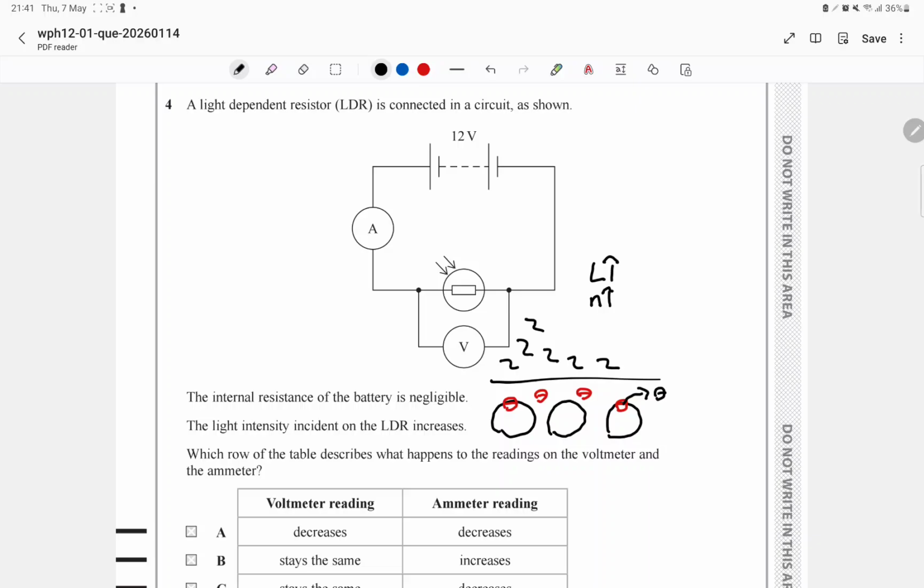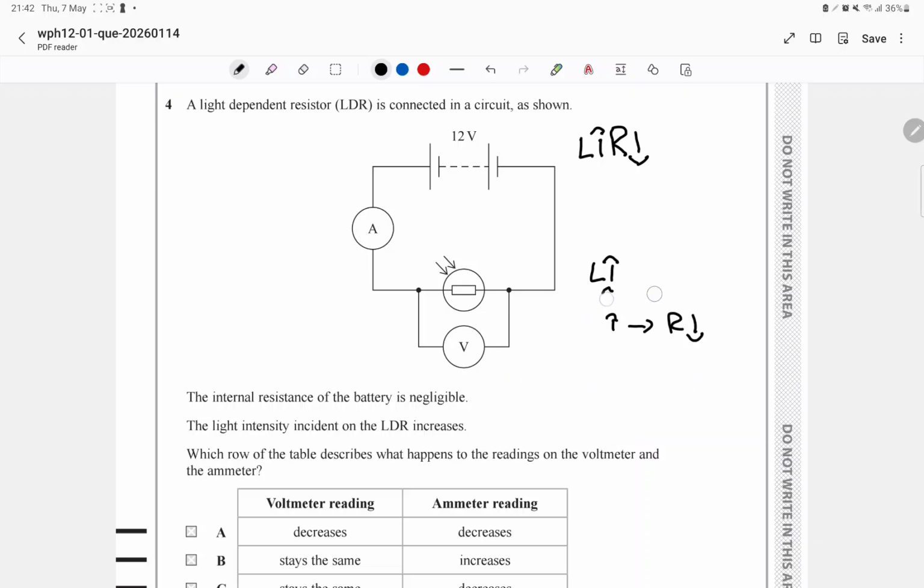Because there's a larger number of conduction electrons available, the current will also increase. And a larger current will mean there's a smaller resistance. So to summarize, as the light intensity increases, the resistance of the LDR will decrease.